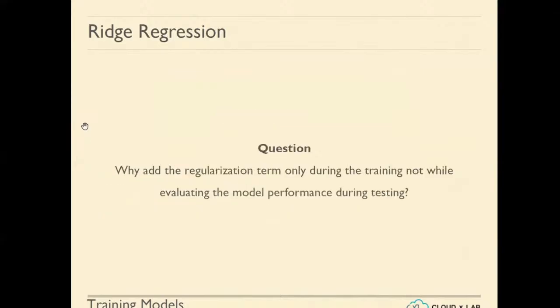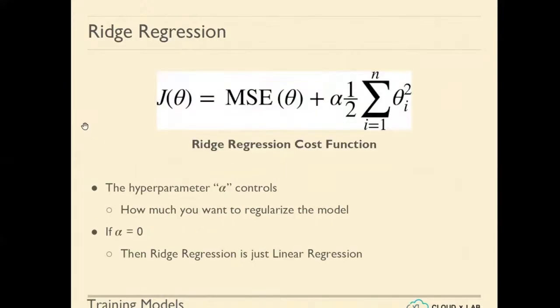So we will add regularization terms only during training time, and at test time we will not use regularization. At training time we use regularization, and at test time we use the optimal theta values to make predictions, theta transpose x.